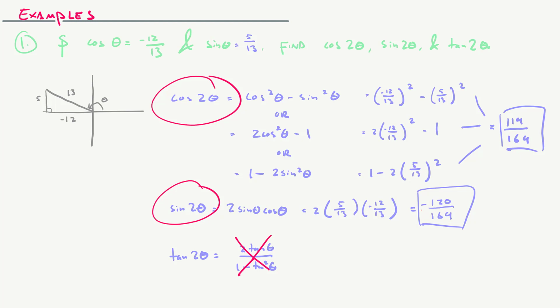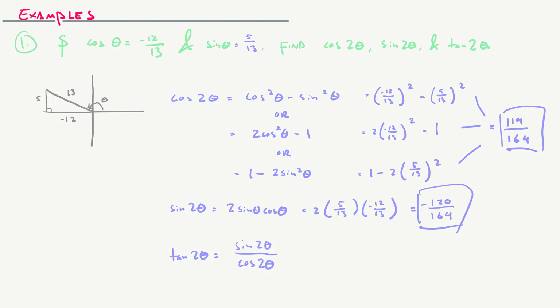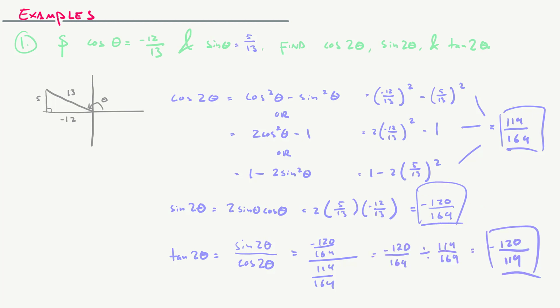Tangent of 2 theta is just sine 2 theta divided by cosine 2 theta by a reciprocal identity. So I'm just going to plug in the values. Sine of 2 theta is negative 120 over 169. Cosine 2 theta is 119 over 169. This is looking like kind of a weird fraction, so I'm going to rewrite it, which means I flip and multiply that second one, so we get negative 120 over 119, and we are done.